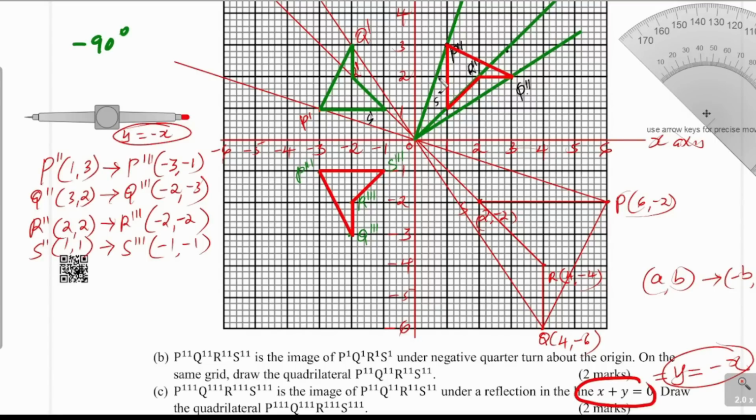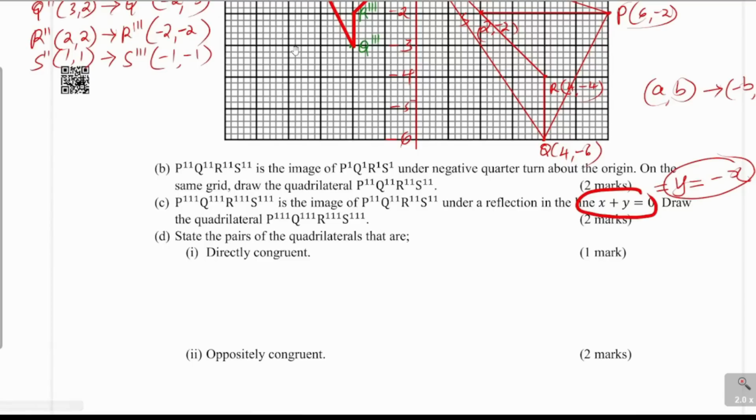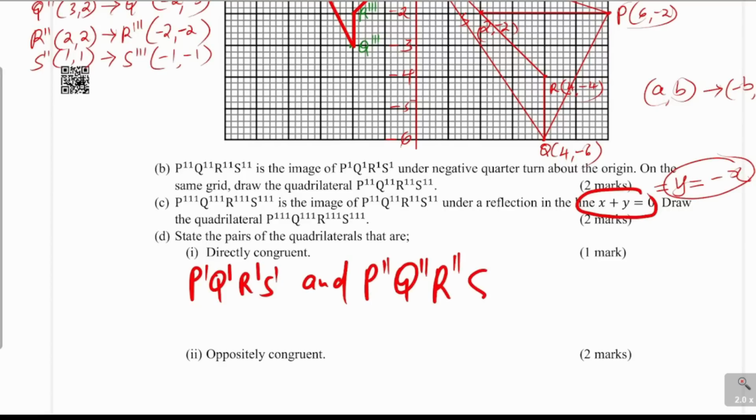You don't need to turn it over for it to fit. Just sliding and adjusting. So that is the first one. The ones that are directly congruent are P1, Q1, R1, S1, and P2, Q2, R2, and S2.